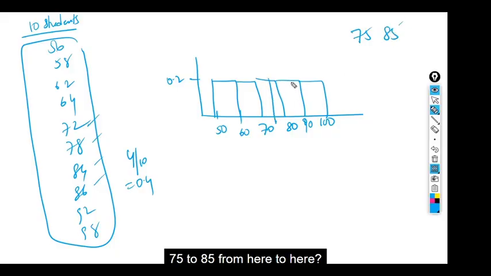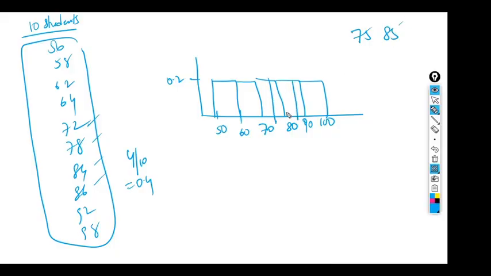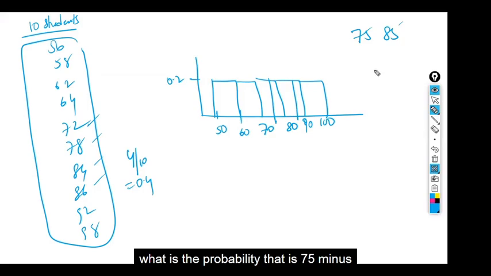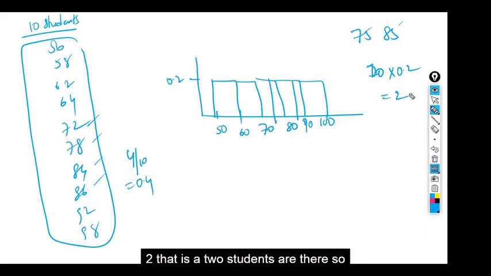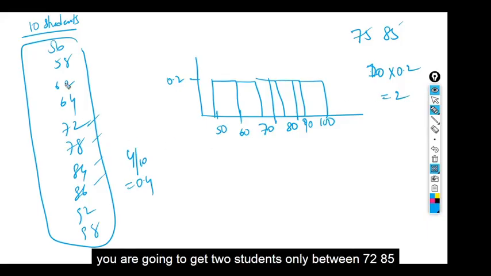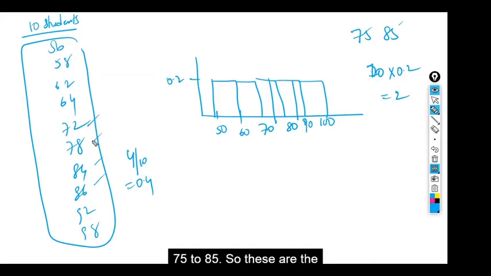From here to here. That is 85 minus 75, which is nothing but distance 10. 10 into 0.2, which is 2. That is 2 students are there. So you are going to get 2 students only between 75 and 85. So these are the 2 students. Satisfied?